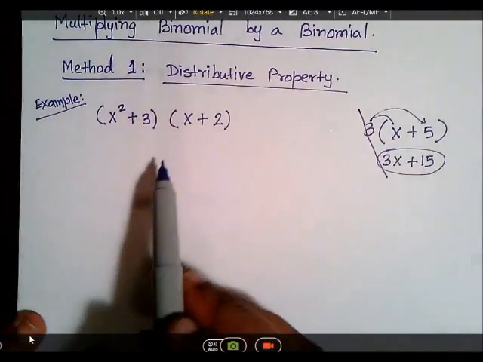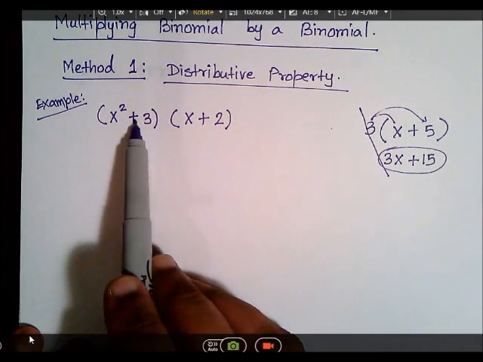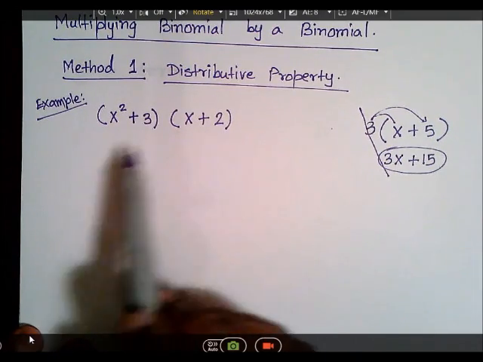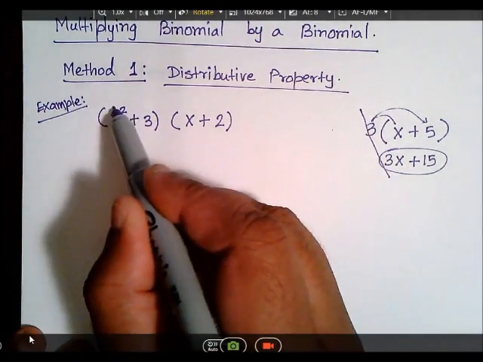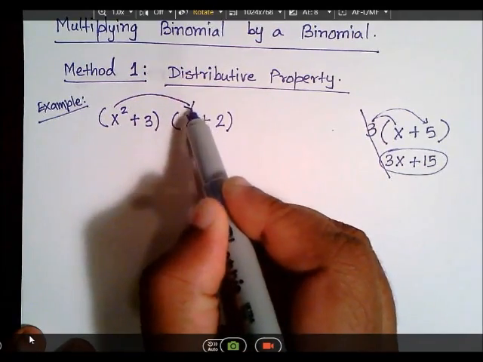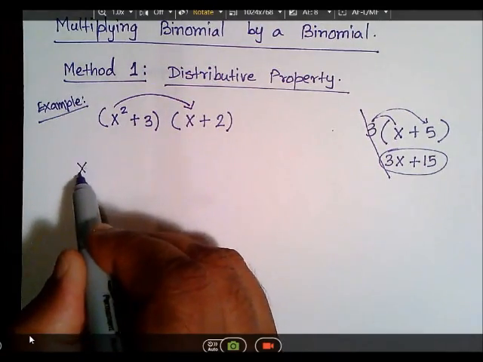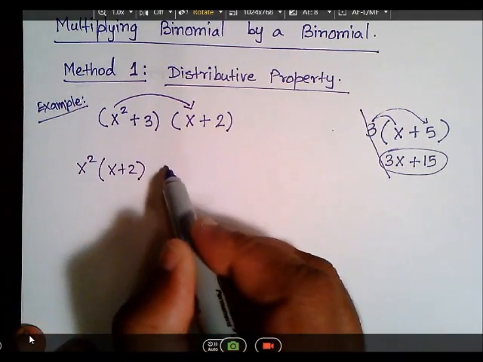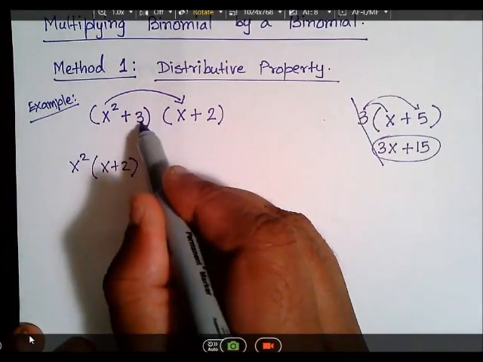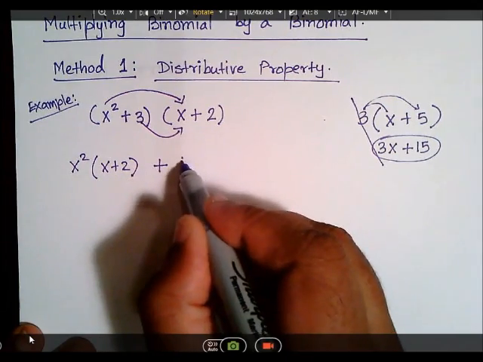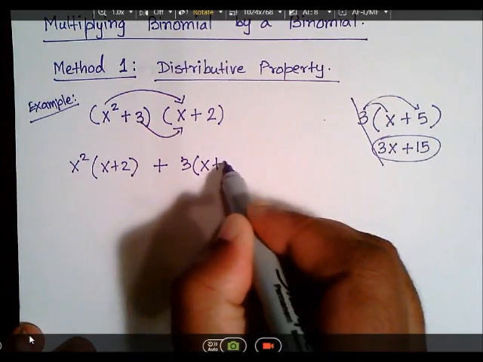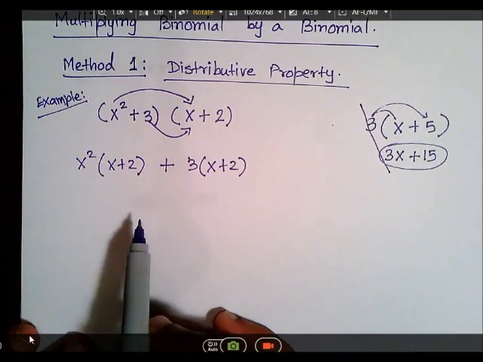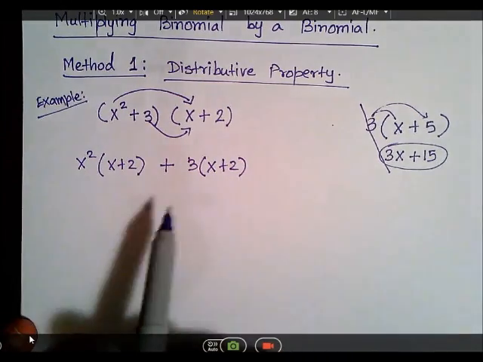But here I have x squared plus 3 being distributed to x plus 2. So first I am distributing the x squared to both of them. So it is x squared times x plus 2, plus 3 times x plus 2. So this is the distributive property done in multiple steps.